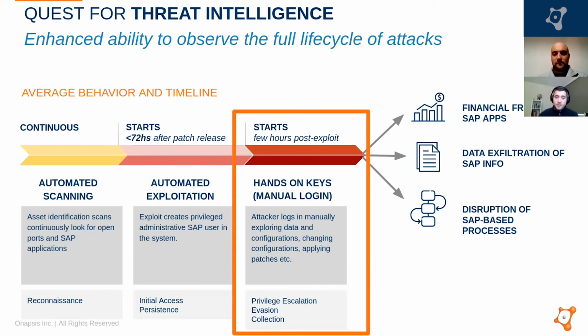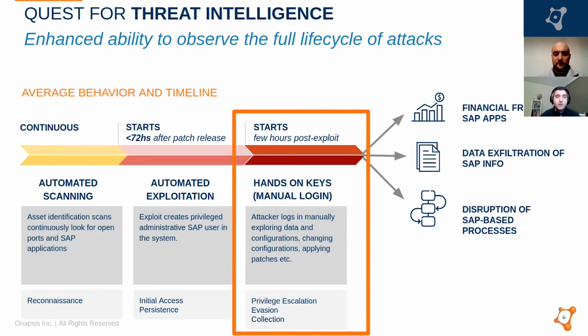continuous probes of different types of vulnerabilities around SAP technology to be able to identify: are these systems vulnerable? Are these systems subject to these types of risks and vulnerabilities? After that, once one of these vulnerabilities is identified, we see automated exploitation and manual as well.